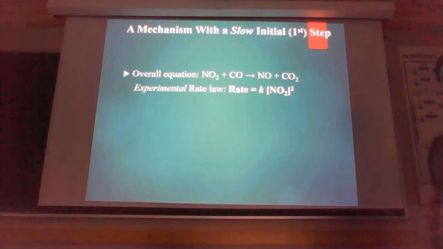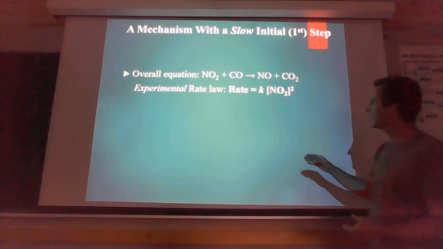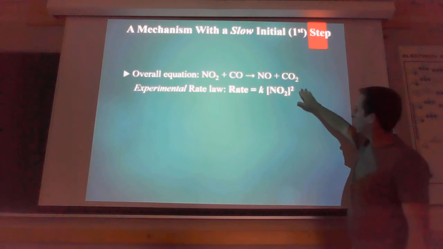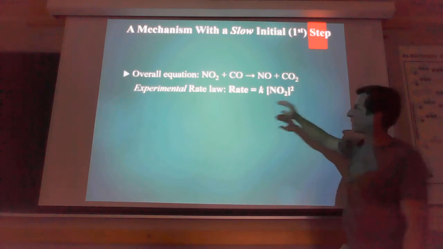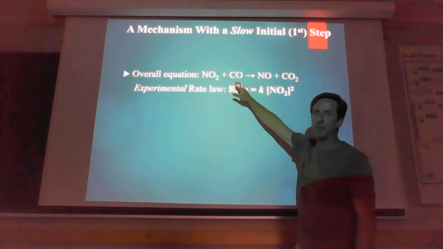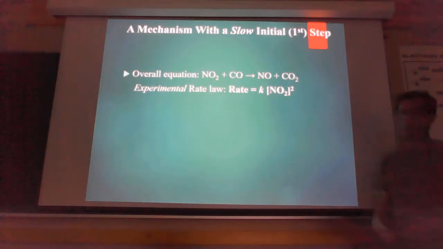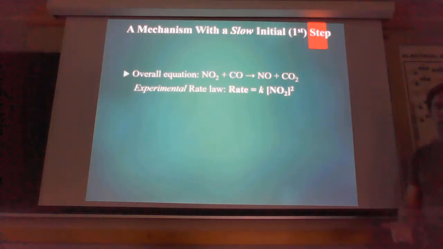Now, I can already tell at that point, since the orders of my two reactants don't match the coefficients from the overall reaction, that this reaction has to be happening as a series of steps.